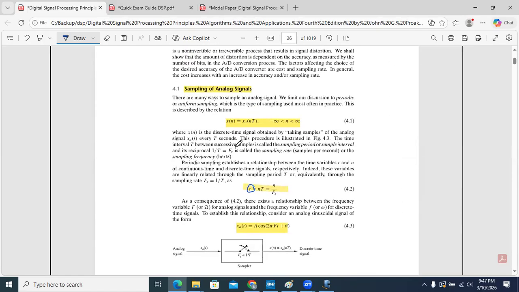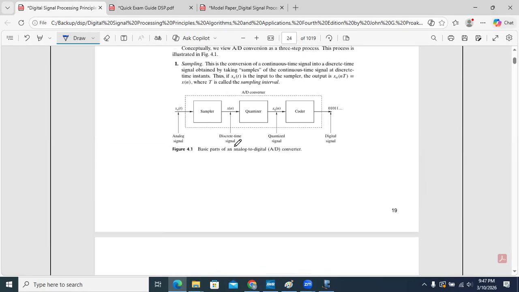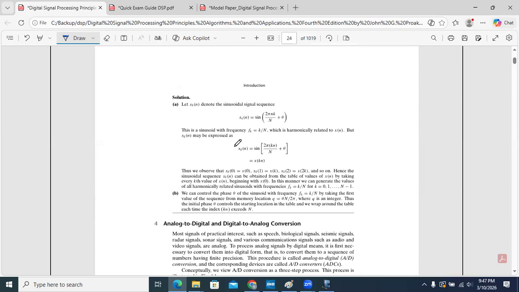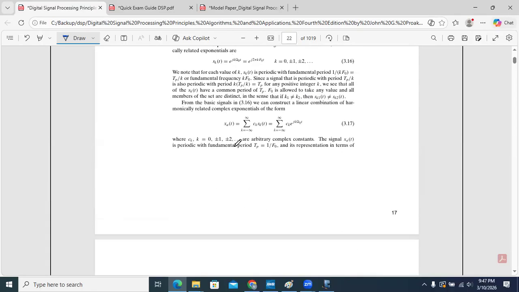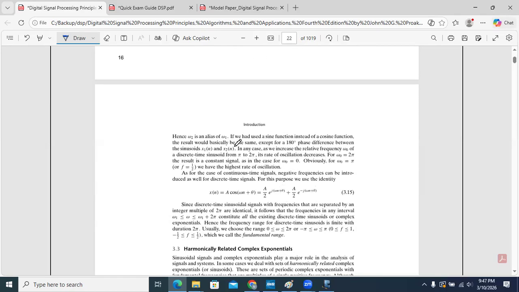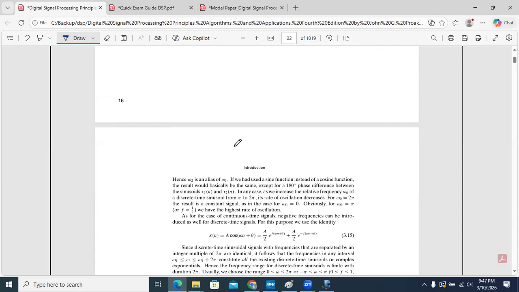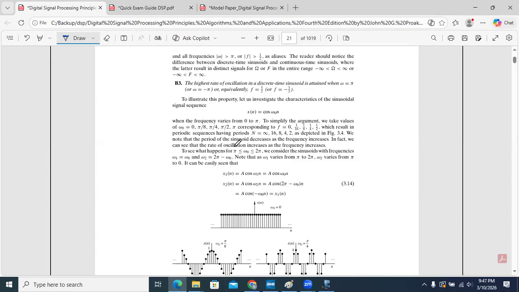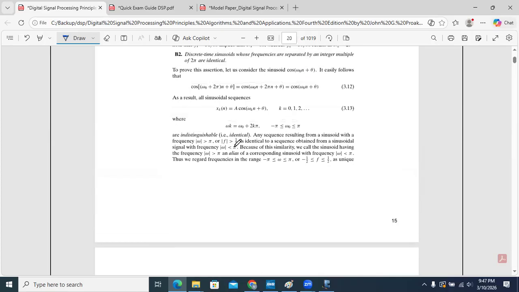All equations are there, so you can refer to this. Actually I didn't write this identity. Please write this one also.